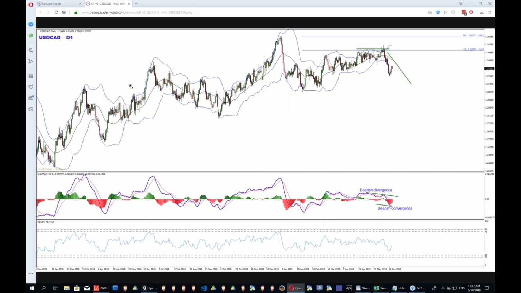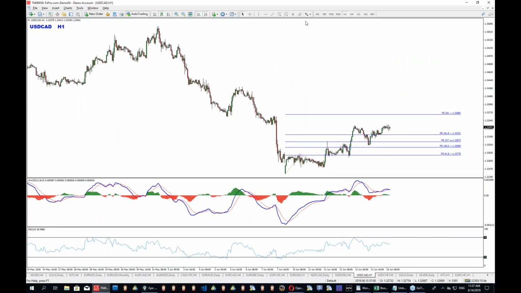Dollar cut. Divergences, two patterns that formed here, and the last divergence which made the pair push lower, and now after the convergence we're looking for pullbacks and possible continuation to the downside.